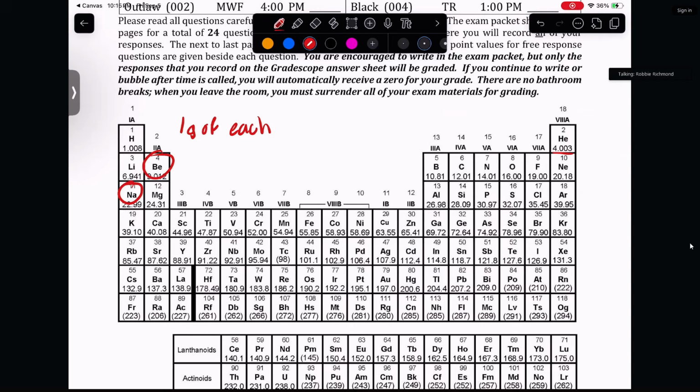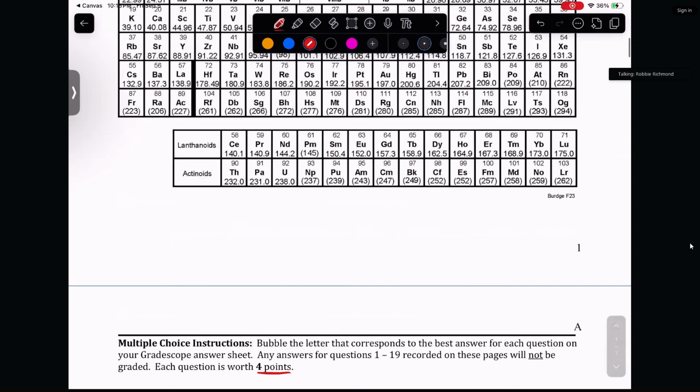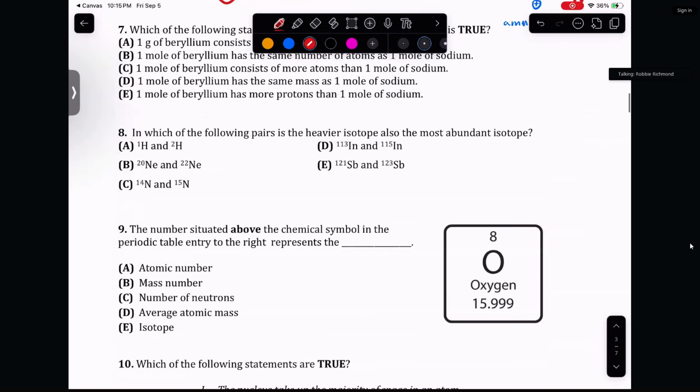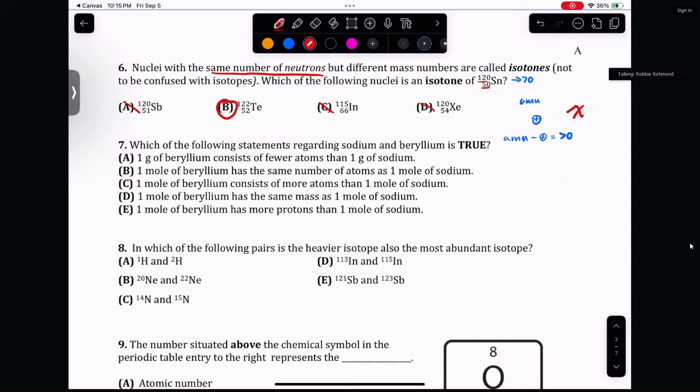Since beryllium has 9.012 grams per mole, that is going to result in more moles being made, aka answer choice A would actually make this 1 gram of beryllium have more atoms than sodium.